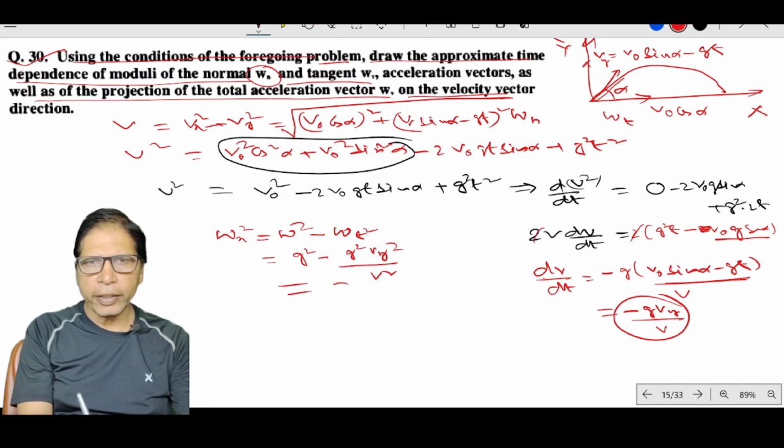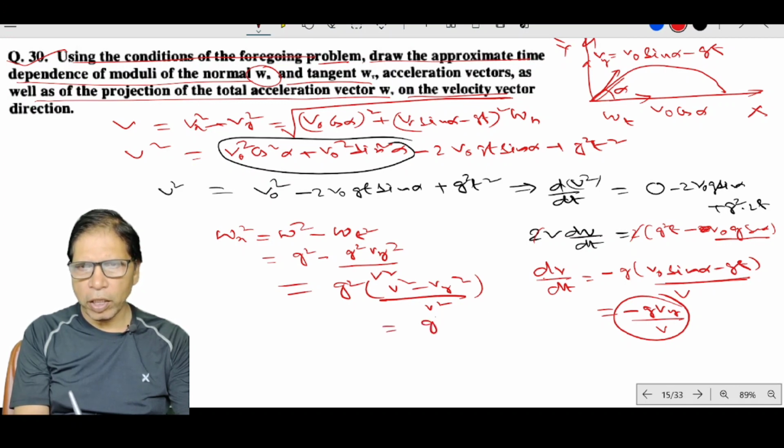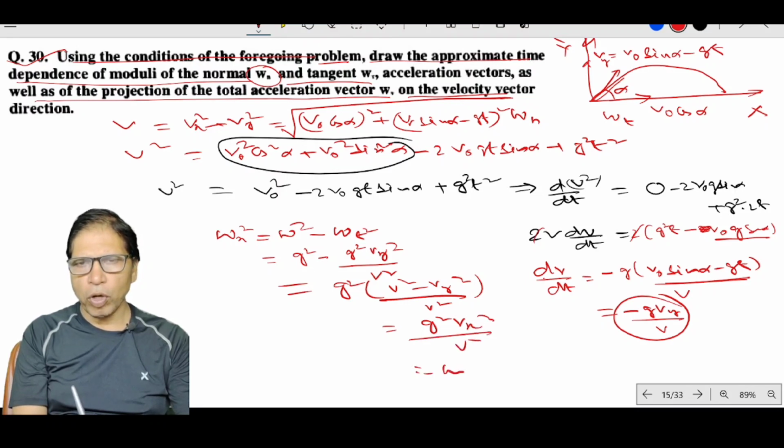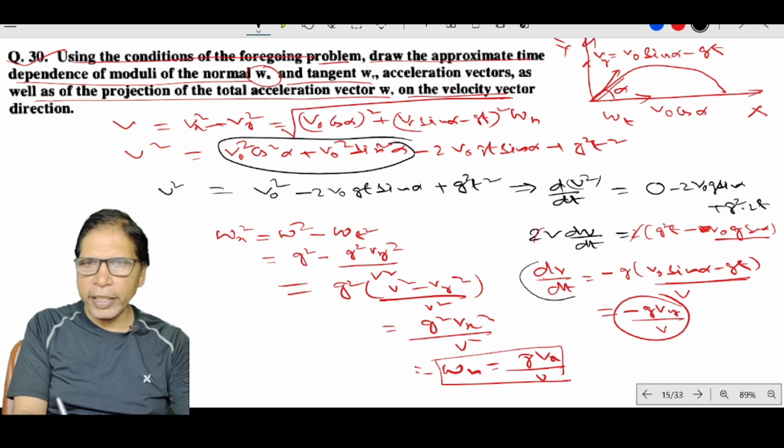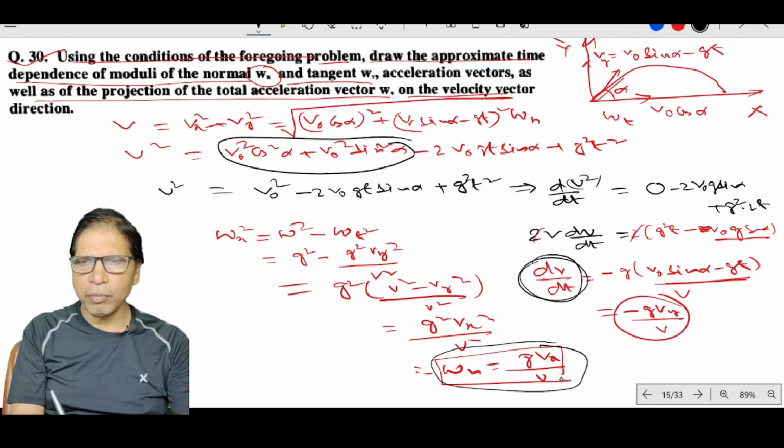So g square into v square minus vy square by v square. Now v square minus vy square is vx square, so g square vx square by v square. Therefore normal acceleration is g vx by v. Therefore tangential acceleration of the particle is negative g vy by v, and normal acceleration is g vx by v.